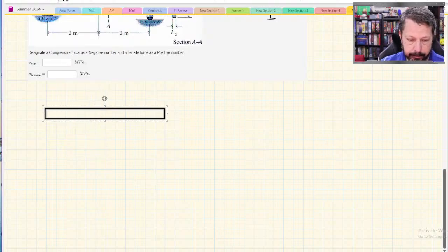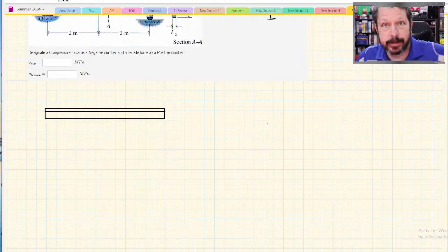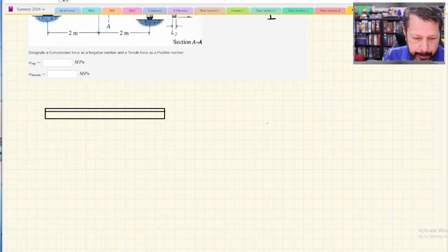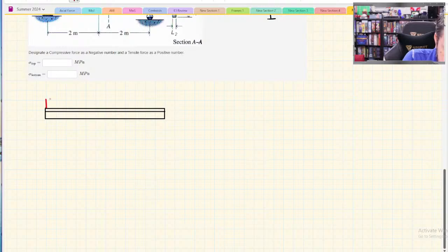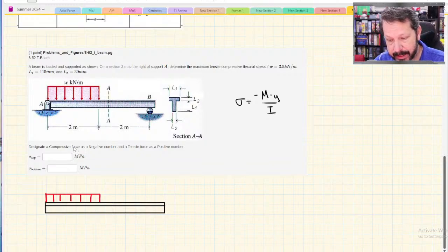Let's just show that it's a T-beam by drawing a line across there. Kind of looks like it's the edge of the flange on the top of the T. We also had a distributed load somewhere. It looks like it goes to maybe there. And it has a value of W, which is 3.5 kilonewtons per meter.